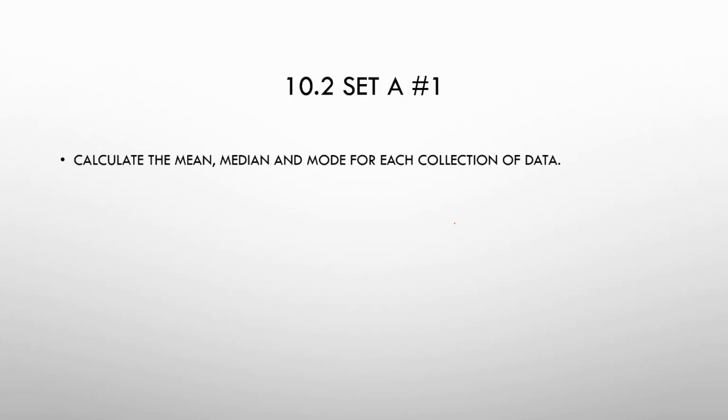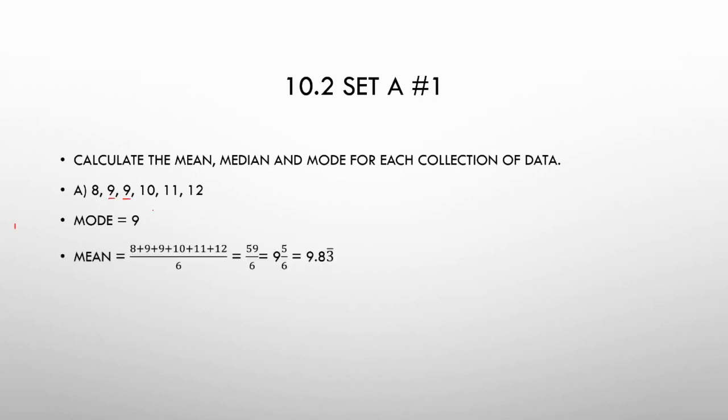So we're going to start with problem number 1. It says to calculate the mean, median, and mode for each collection of data. So we have the numbers 8, 9, 9, 10, 11, and 12. First of all, the mode is 9 because there are 2 9s, and everything else only occurs once.